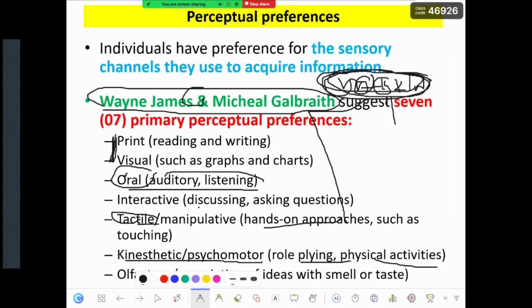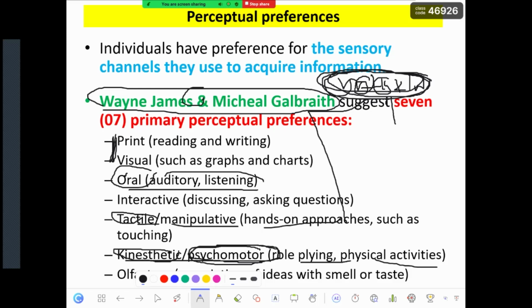Tactile is kinesthetic, manipulative is kinesthetic, hands-on. Those verbs are further explained, such as touching, experiencing, manipulating. All these are synonyms for kinesthetic, right? And kinesthetic has been given another name, psychomotor.